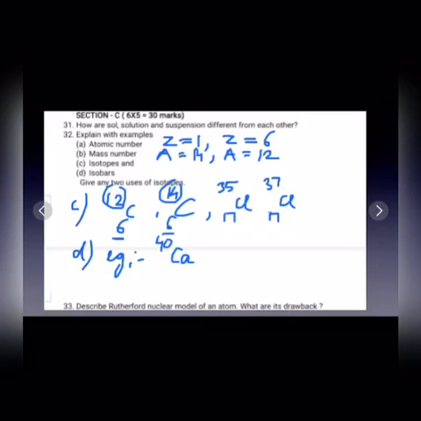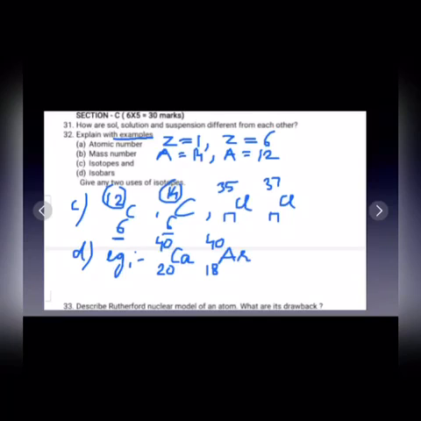Calcium has mass number 40 and atomic number 20. Argon's mass number is the same, that is 40, but atomic number is different, which is 18. So make sure you explain these terms with the help of examples.